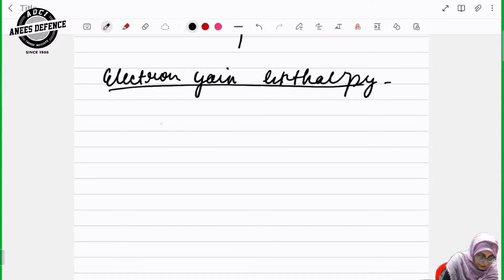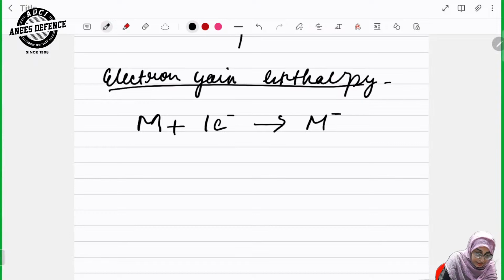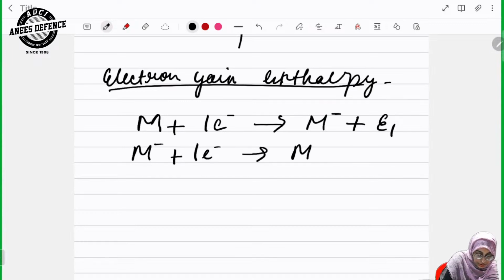So, if M is an element, if it gains one electron, what will it become? M negative anion and E1. E1 is the first electron gain enthalpy. And when M minus accepts another electron, it becomes M minus 2 plus E2.